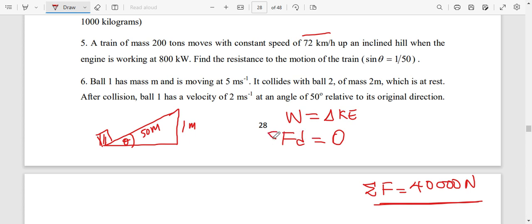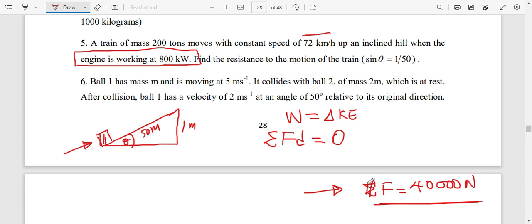Now, this force that we are talking about should be the net force because you are considering the upward forces minus the downward forces if we know the applied force at this position. But since this force which we have found, remember, the engine is working at this power, meaning that this is the force which the engine is applying.